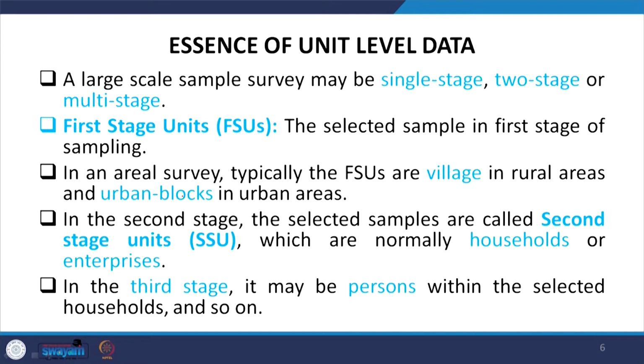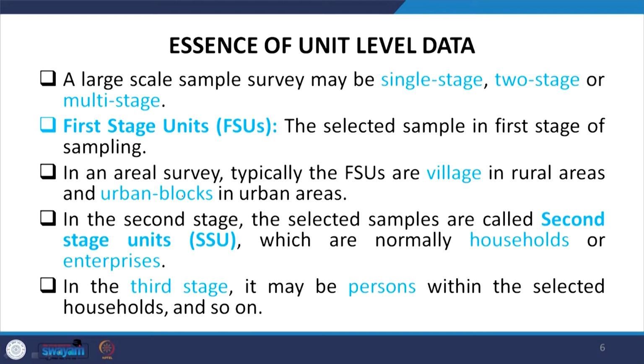Now, what do we mean by FSUs? If you look at the reports of NSS, it clearly mentions these FSUs, first stage units. What do we mean by first stage? These are the samples selected in the first stage of the sampling process. Okay. Usually FSUs are villages in rural areas and urban blocks in urban areas.